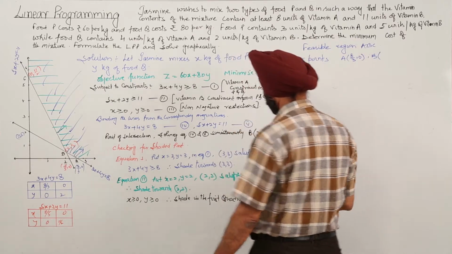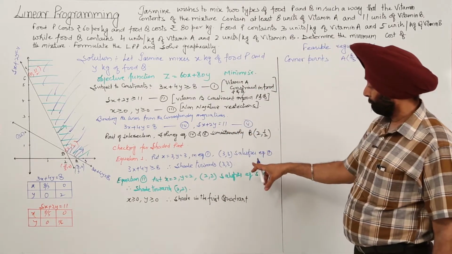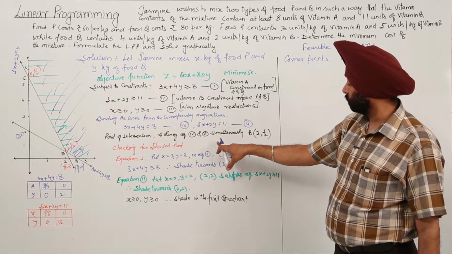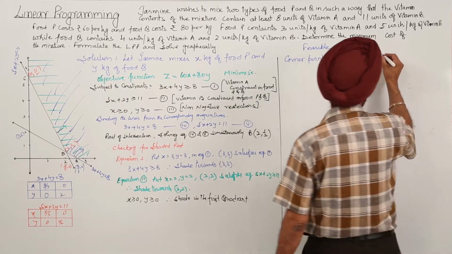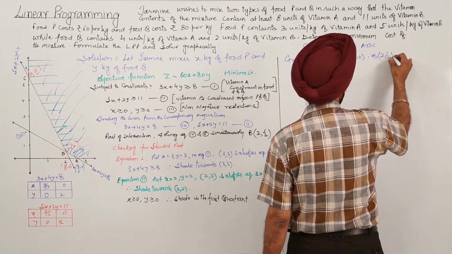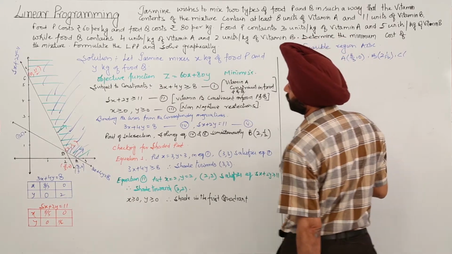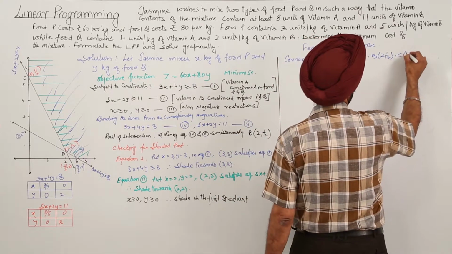B, the point of intersection, was 2 comma 1 by 2, and C is 0 comma 11 by 2.